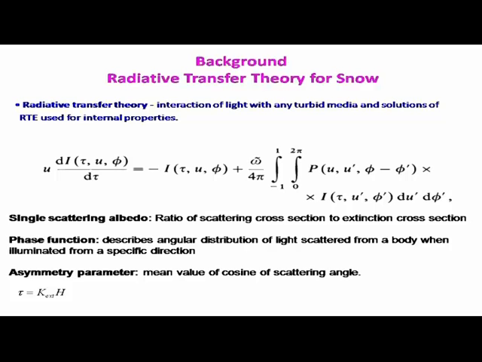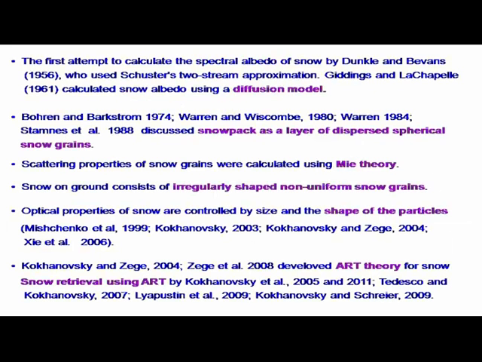The solution of this radiative transfer theory is a very complex task, and different models have come for snow using it. The first attempt was by Dunkle and Bevans long back in 1956, and they used the two-stream approximation, which is based on the diffusion model.